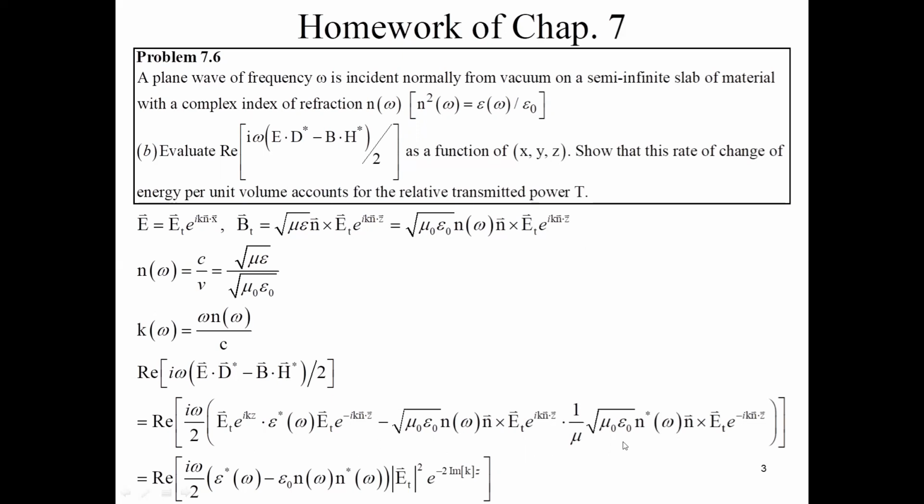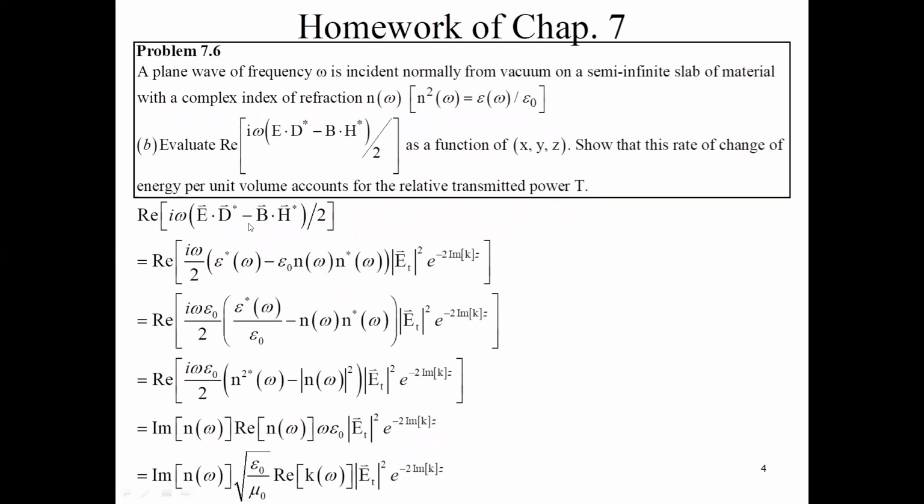We just substitute the electric field and the B field we have into this equation, and by just numerical calculation, you can easily show that this formula can be solved as this term.